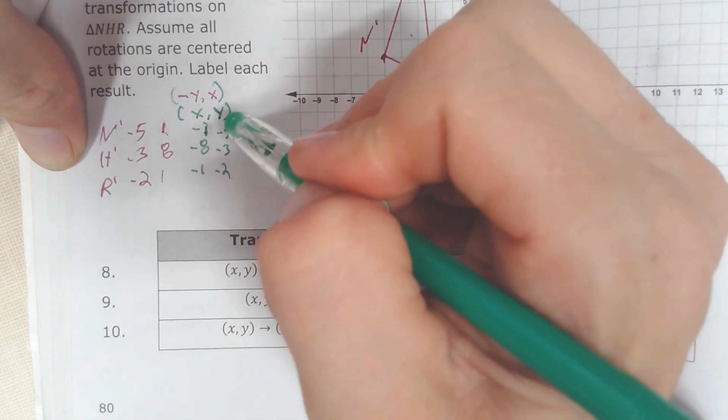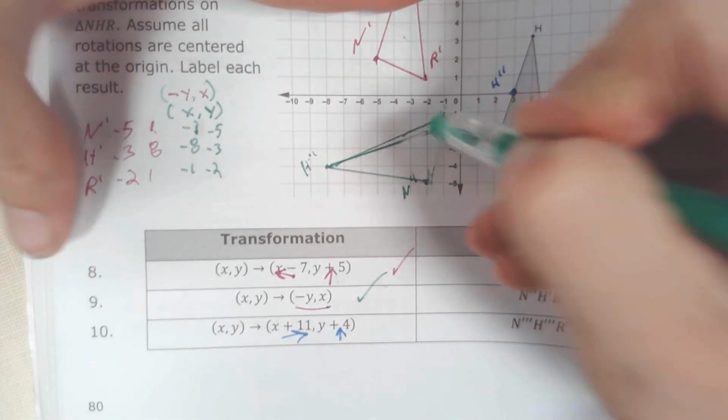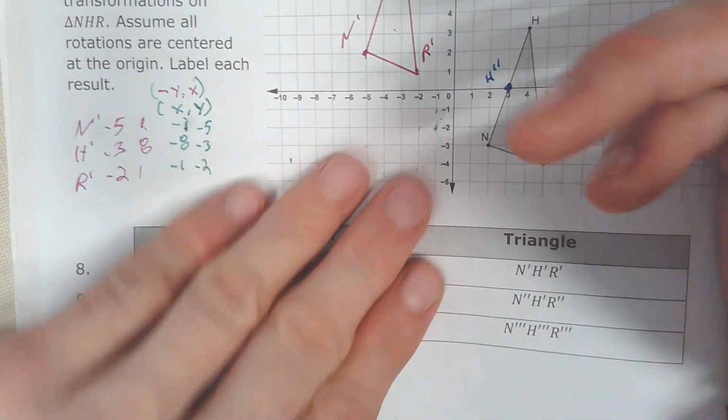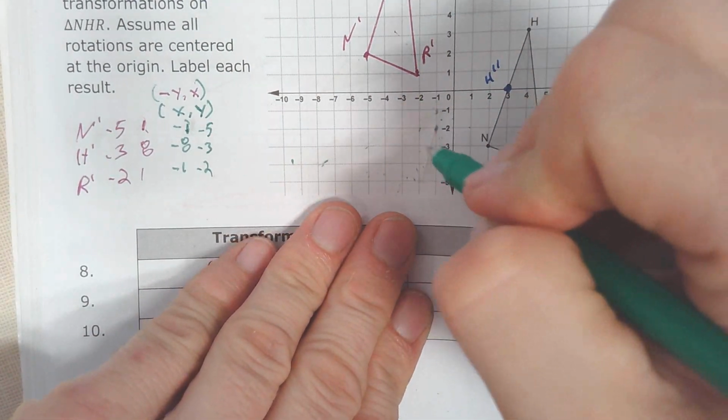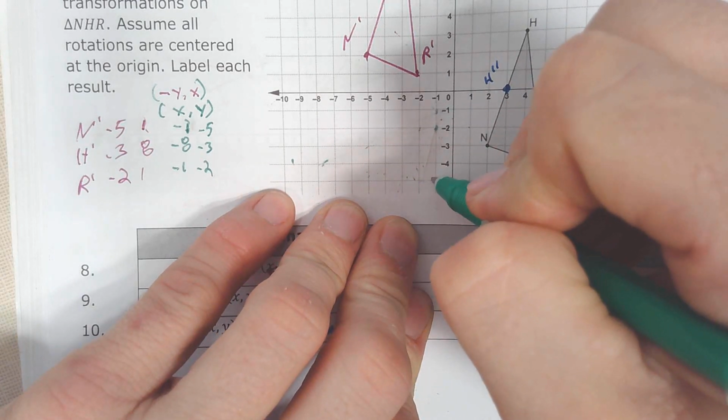Wait. Yeah, 1, 5. N coordinate. No, that was my n coordinate. Right, let me plot this one correctly. This one was wrong. Okay. N should have been negative 1, comma 5.